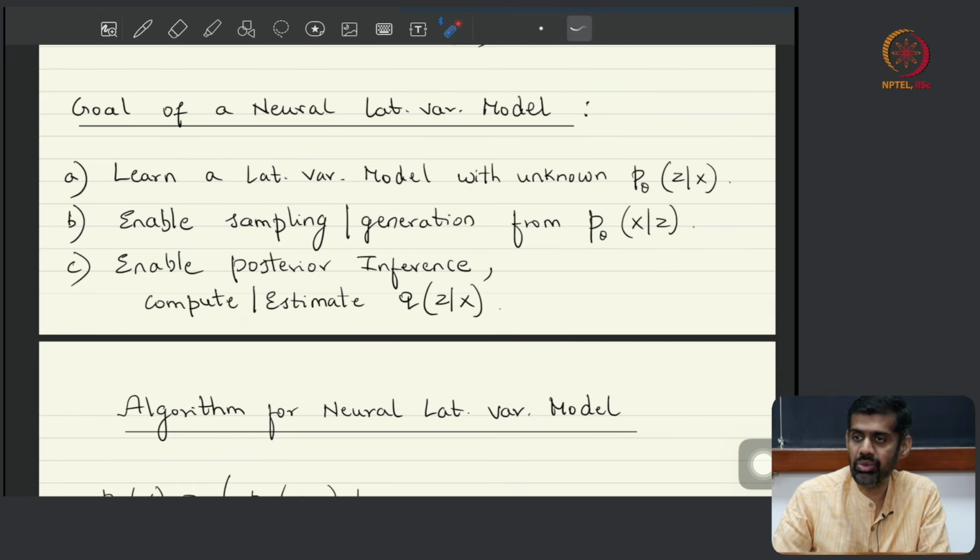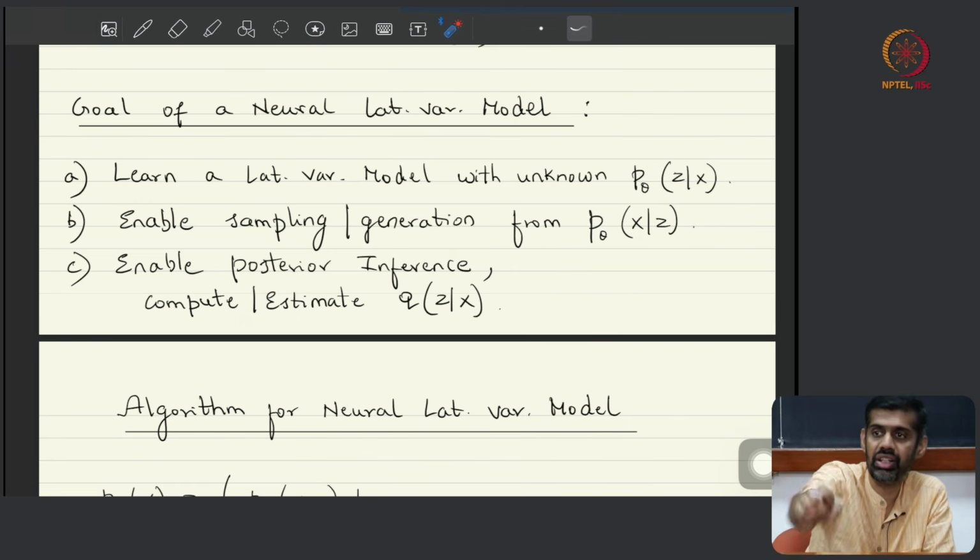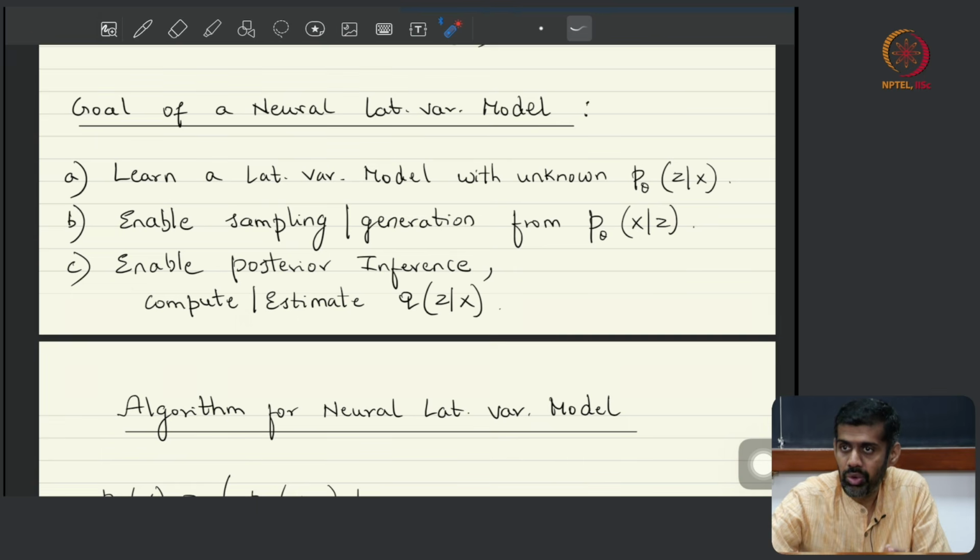Z is discrete, 1 to m. So, for a given data point, your GMM will tell you the likelihood with which this data point is associated with this particular group or cluster. So, posterior inference in a discrete latent variable model is clustering. In a continuous latent variable model, posterior inference is embedding extraction. Get it?